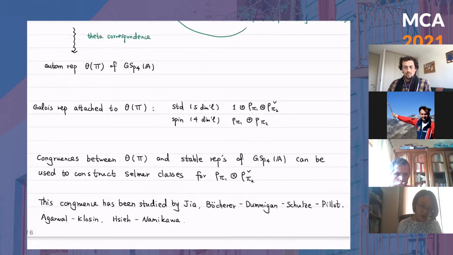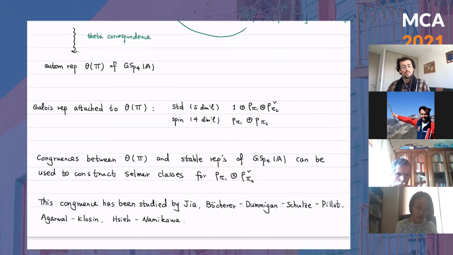From this decomposition, we see that the congruence between the Yoshida lift and other stable representations on GSp4 can be used to construct Selmer classes for the tensor product of the representations attached to pi1 and pi2.